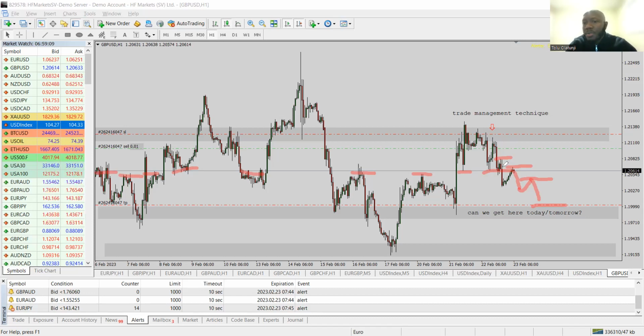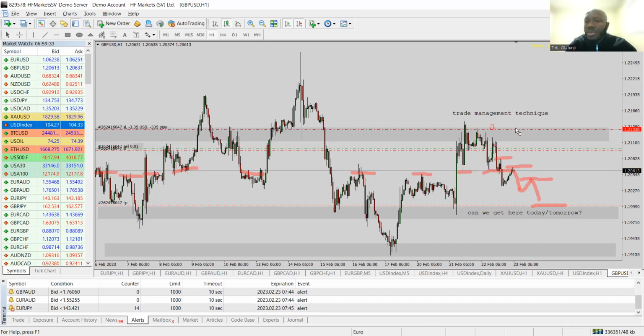Now, when you close part of your position, which is partial close, you can decide to leave your stop loss here or even reduce it again. That means you've done two things: you've done partial close and you have done the trailing stop. You have reduced your stop loss tremendously. You could even do the same thing here. But because you've done your partial close, you don't need to be too close to where the price is.